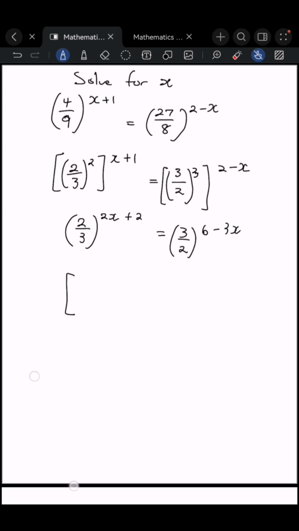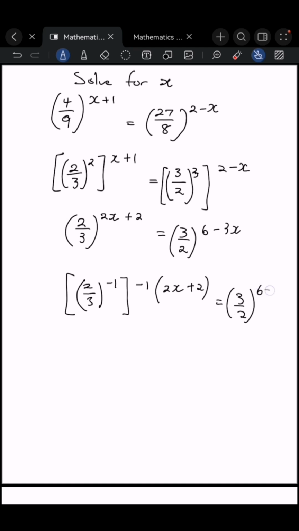So we're going to say 2 over 3 raised to the negative 1, raise the outside also to the negative 1. Since we raised the inside by a negative 1 and multiplied by a negative 1 outside, we've actually just raised it to the positive 1.